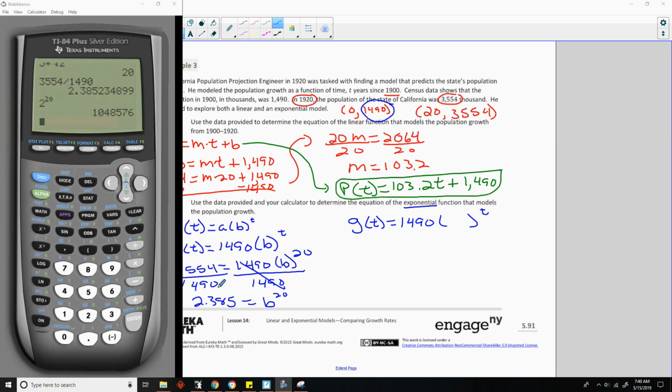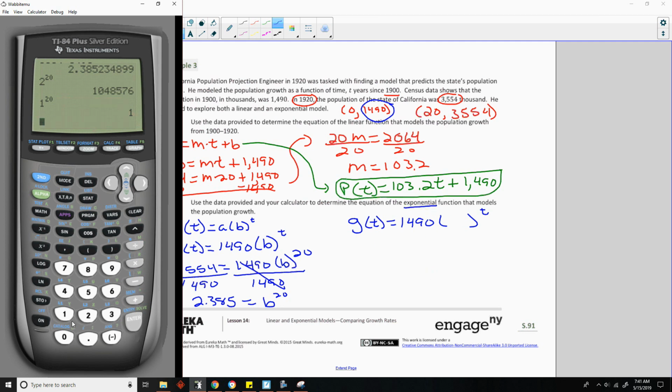Well, I want it to be 2.385, and this is 1,048,576, 2 to the 20. If I take 1 to the 20th power, 1 is less than 2, so I'm going to reduce it. 1 to any power is 1. So now I know that this number is between 1 and 2.